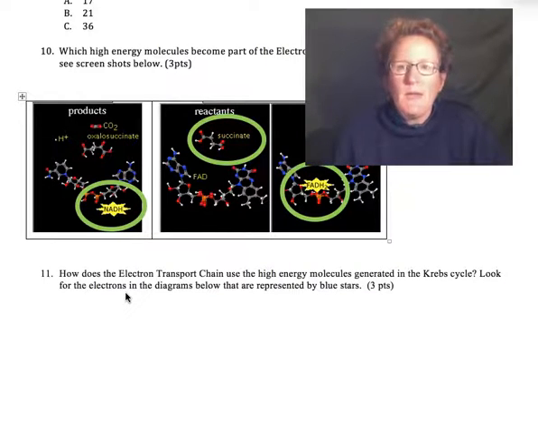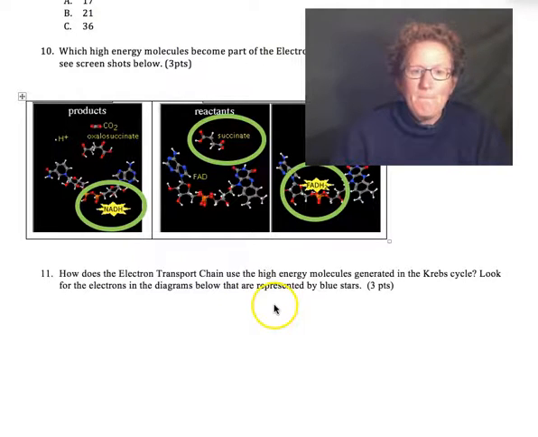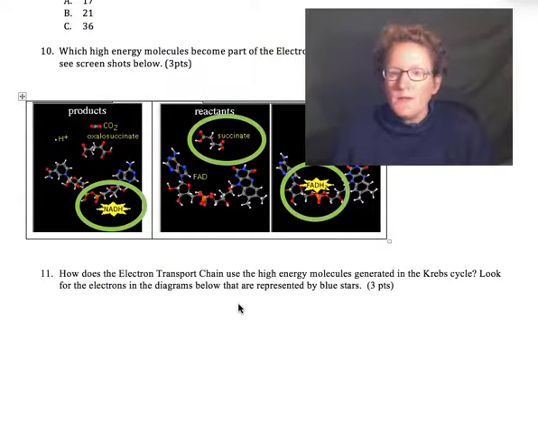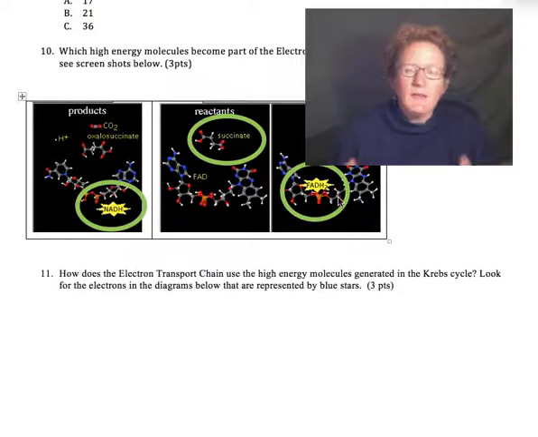We were pumping H+ ions across the membrane, up the concentration gradient. So what we trade off in losing energy of the electrons from those high energy molecules, we gain an electrical potential between the H+ ions pumped across the mitochondrial membrane.